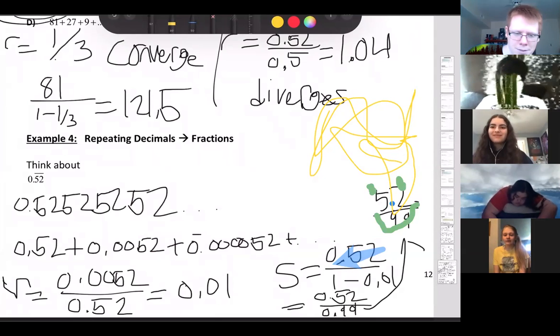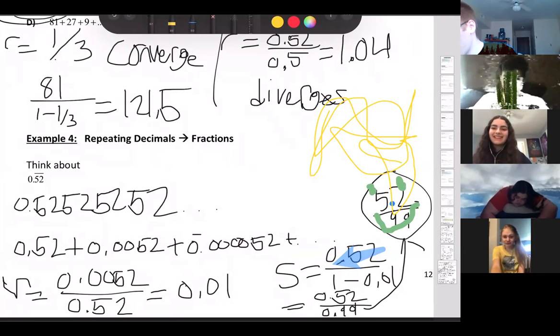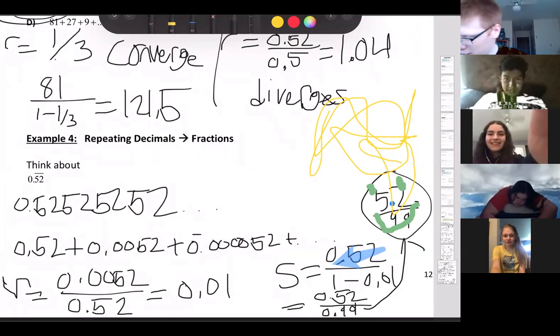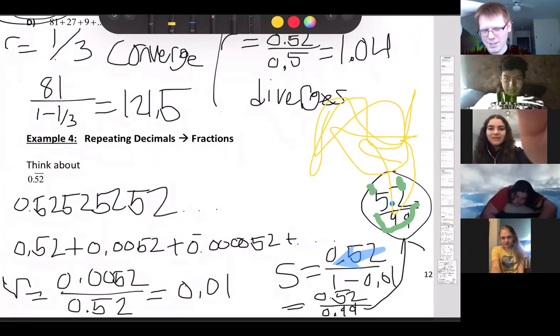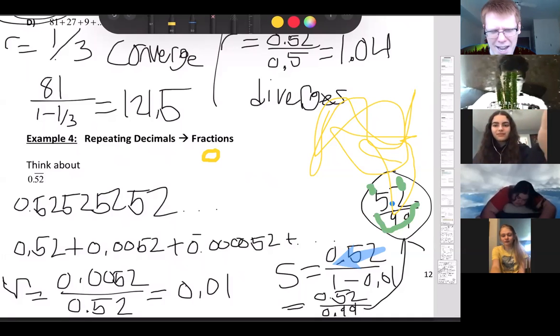That makes sense. There are different ways you can do things with fractions too, if it's not repeating and stuff. I've seen other methods, so you don't have to do a series.